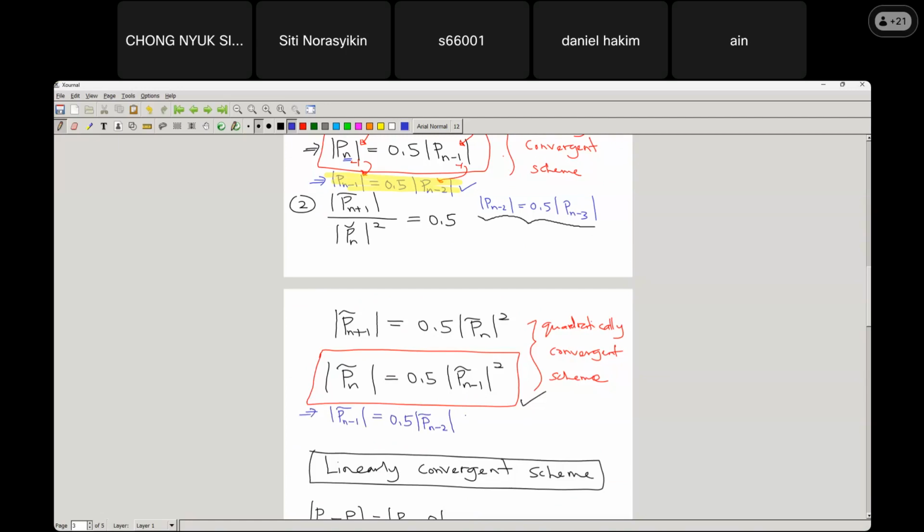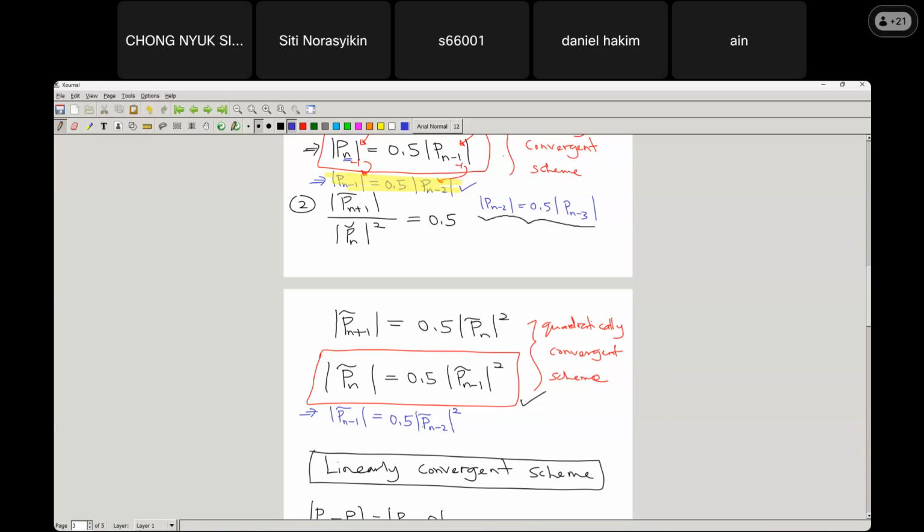Square. Yes, exactly. Do you need a square for this one only, or do you need to square everything again? Am I right? I think this is the right one. Yes, you're right. Very good, Daniel. You can sit for the exam right now. Good job. Yes, this is the correct one.